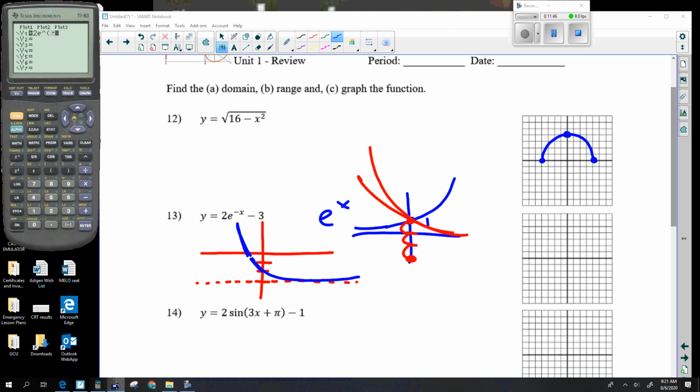So 2e to the negative x minus 3. I'm going to make my window a bit smaller. Oh shoot, it went to negative 1. Why did it go through negative 1?